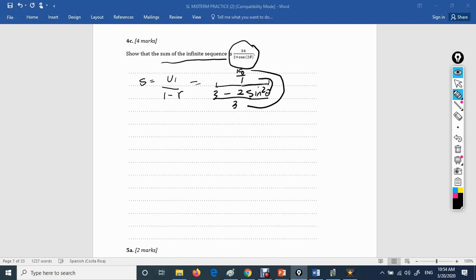So 18 times 3 is 54. And then we end up with the expression 3 minus 2 sine squared of theta.